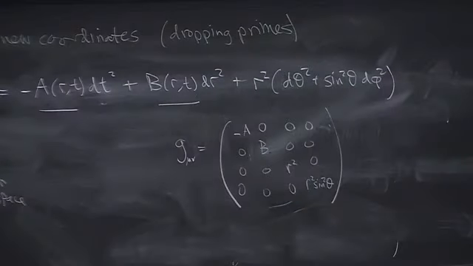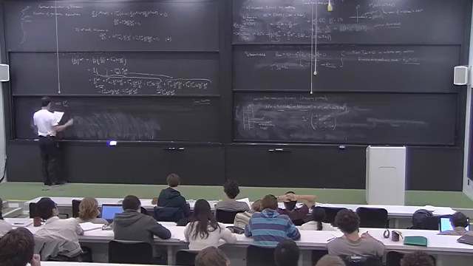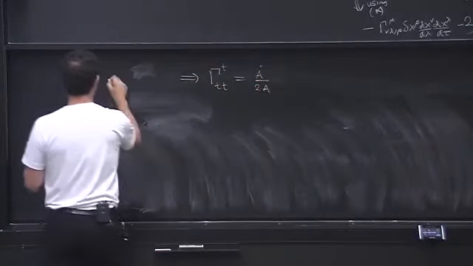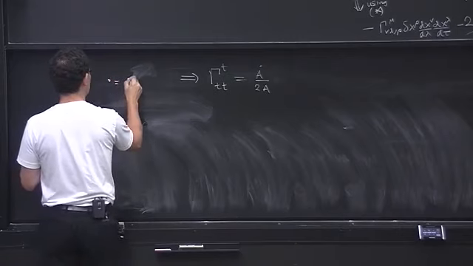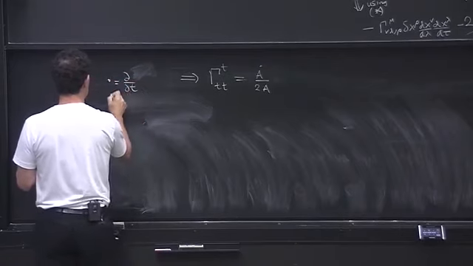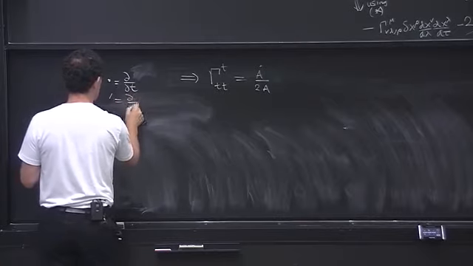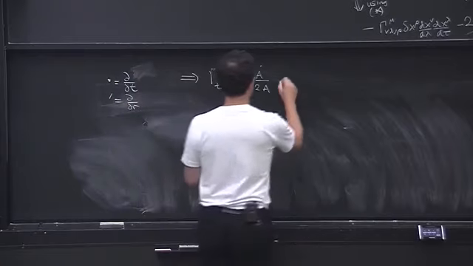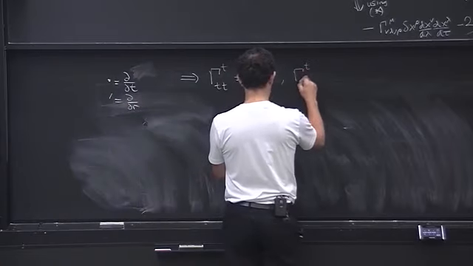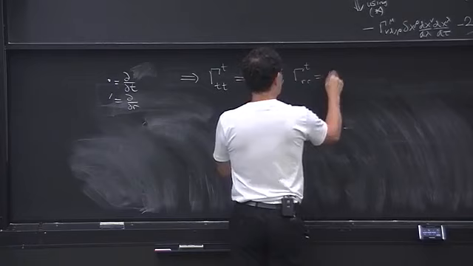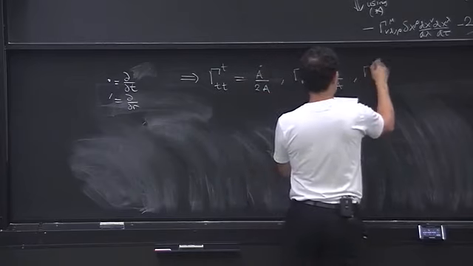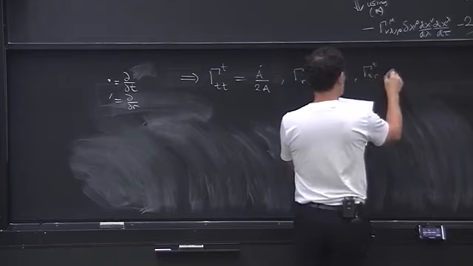And now you can calculate the connection symbols from the formulae I gave. This is a dot over 2a. I'm going to define dot to be d by dt and prime to be d by dr. And now we just have to do this really boring calculation. Totally straightforward, except you have to get it all right.